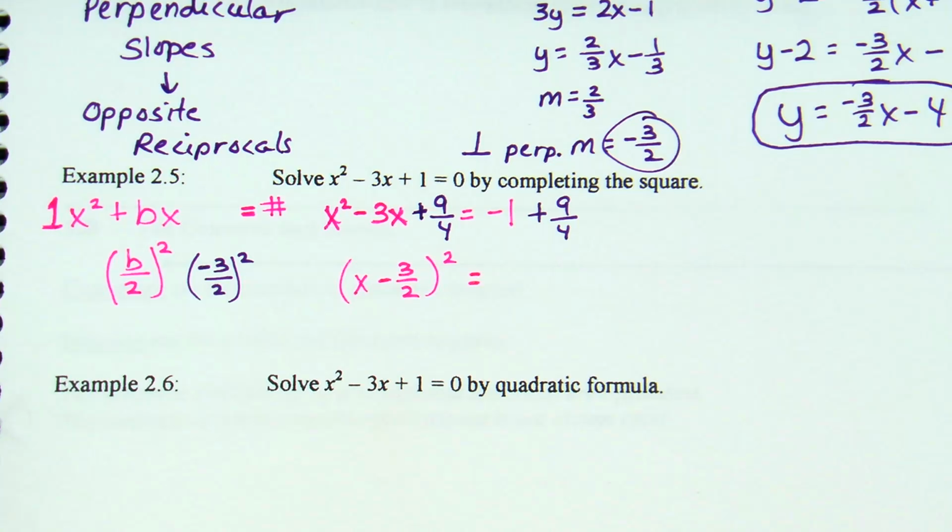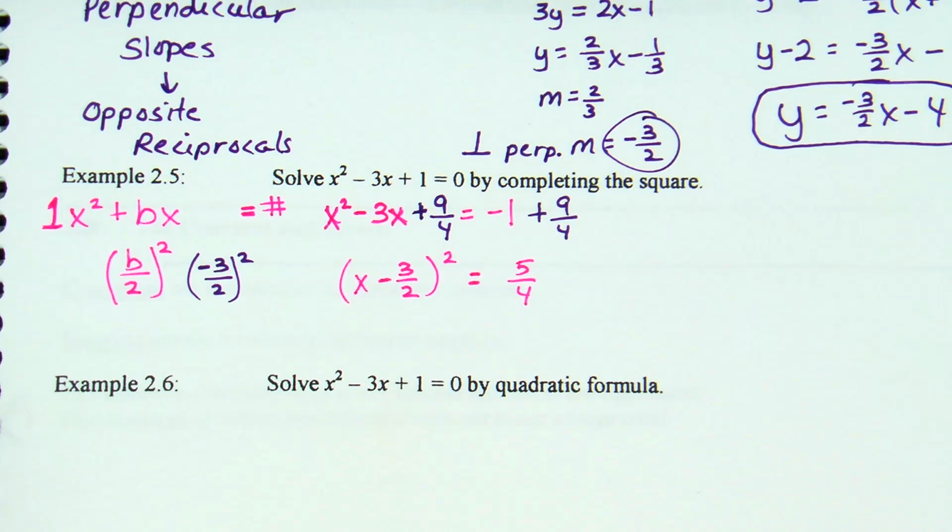On the right, what is negative 1 plus 9/4? Negative 4/4 plus 9/4 is 5/4. Do you remember how to solve? Take the square root of both sides, right? It always factors into a perfect square, and because it factored into a perfect square, we want to take the square root.